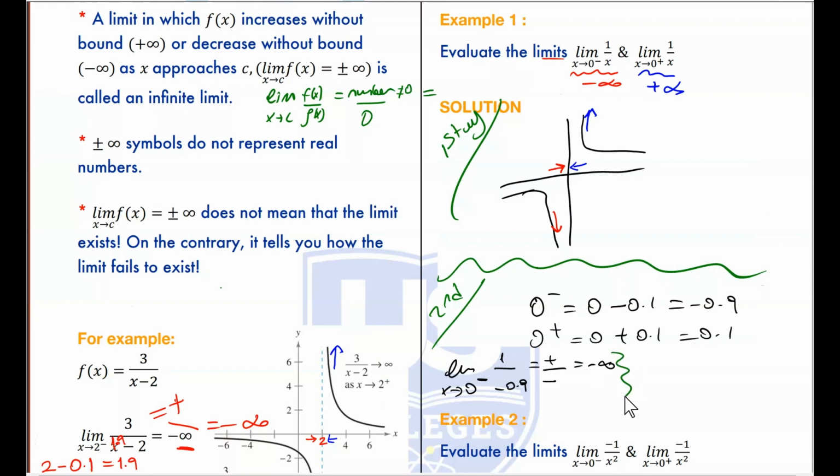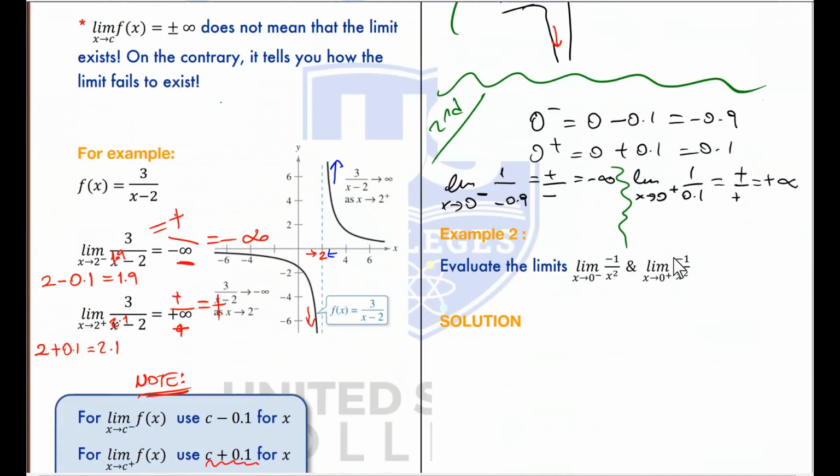What about the right-sided limit? For the right, the limit as x approaches 0 from the right of 1 over, in place of x, this time you will insert 0.1. So the sign of the top is positive, the sign of the bottom is also positive, so the sign of the result is positive. Then the sign of the infinity is positive infinity. All right? This is pretty simple when you know what to do, right?